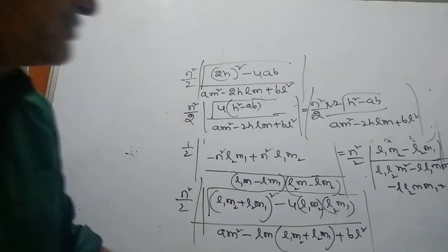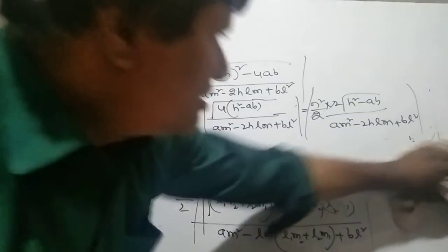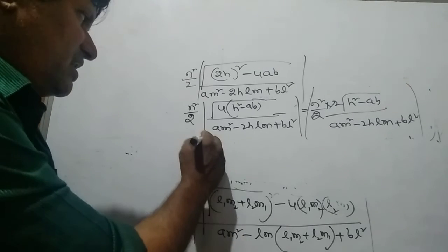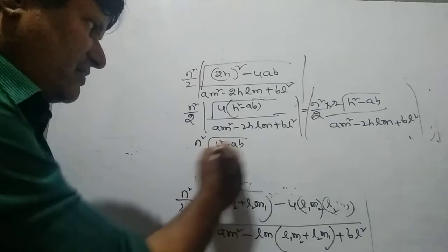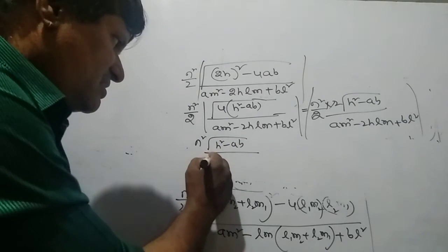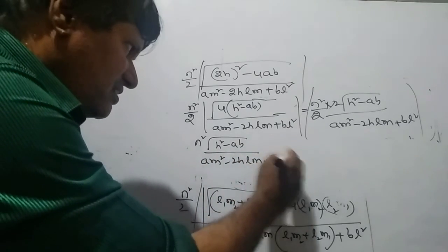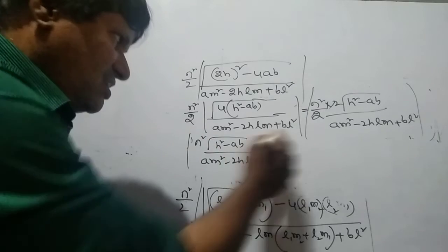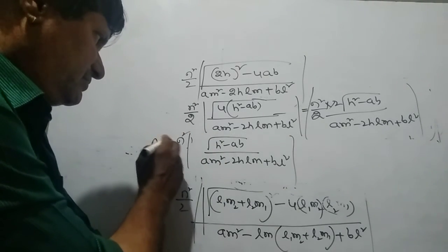So the area of the triangle is n square root H square minus AB by AM square minus 2HLM plus BL square. This is the formula for finding the area of the triangle.